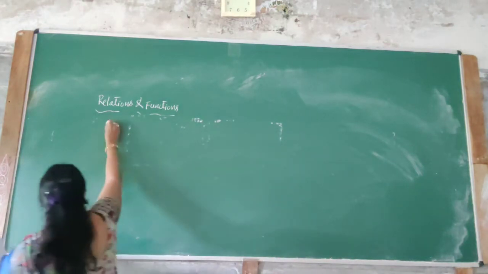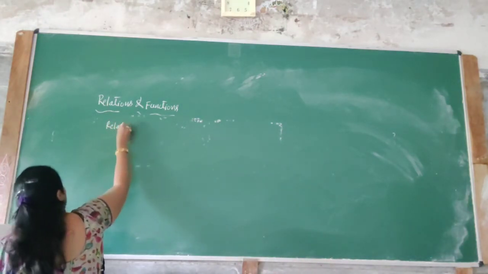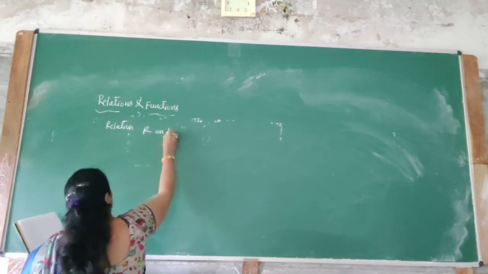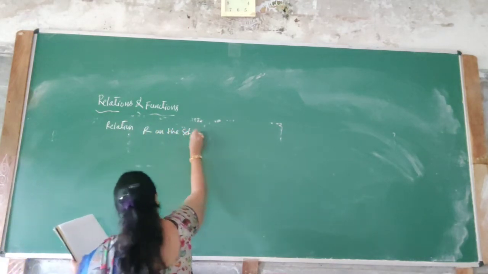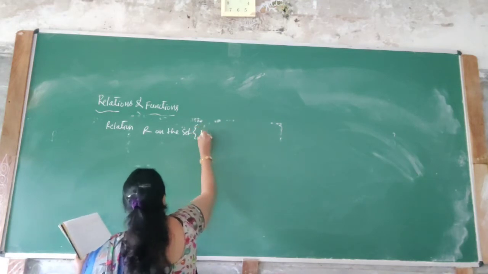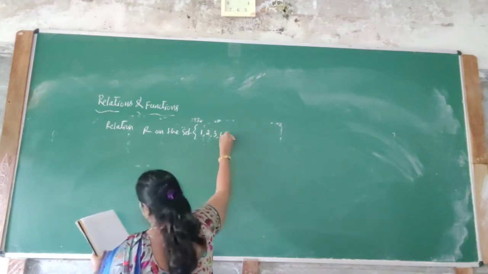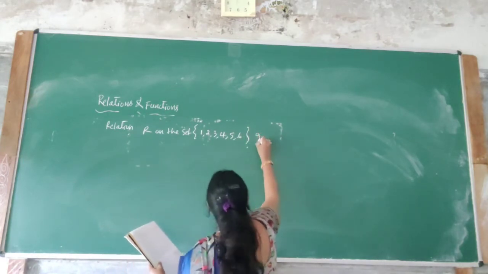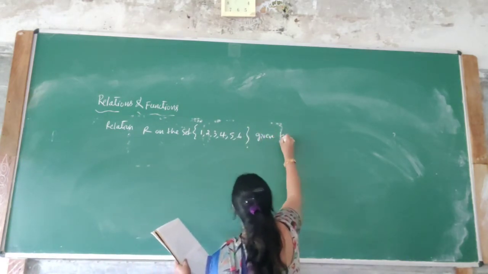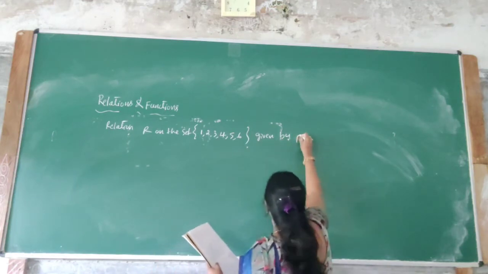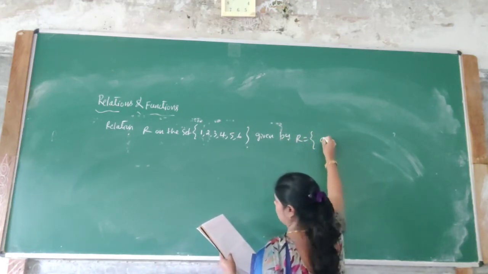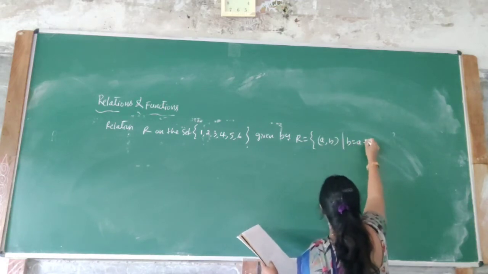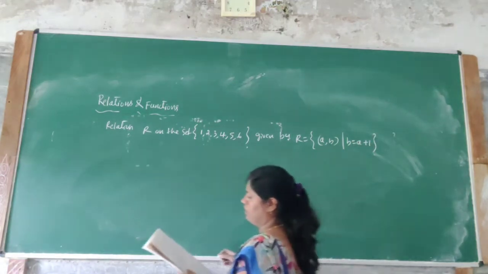Relation R on the set {1, 2, 3, 4, 5, 6} given by R = {(a, b) such that b = a + 1}.